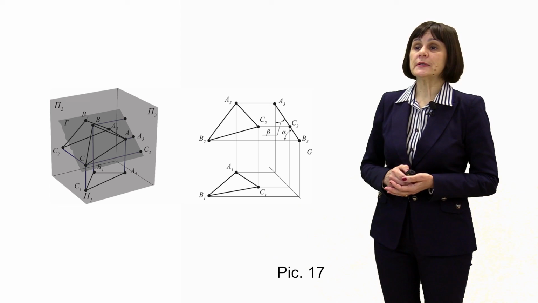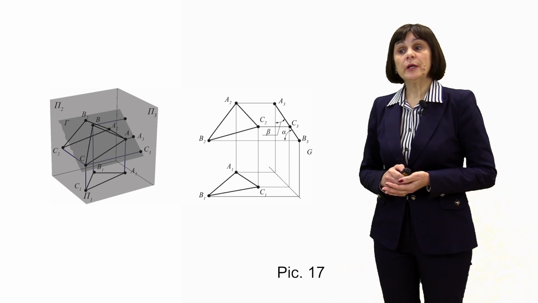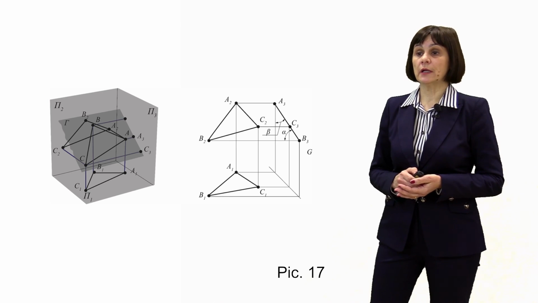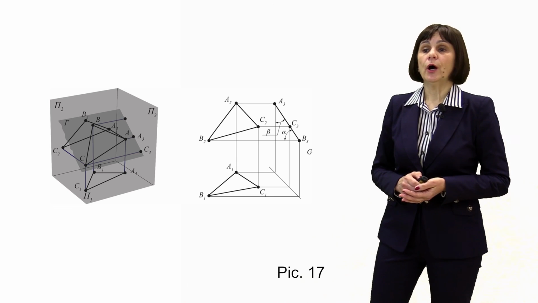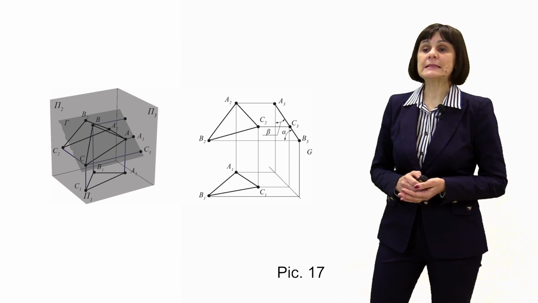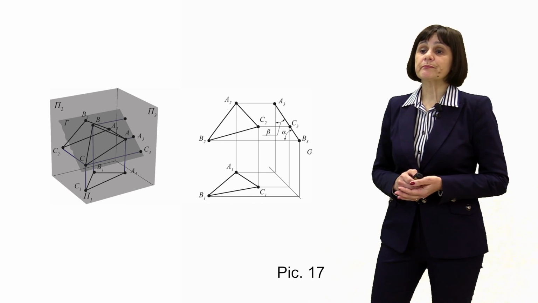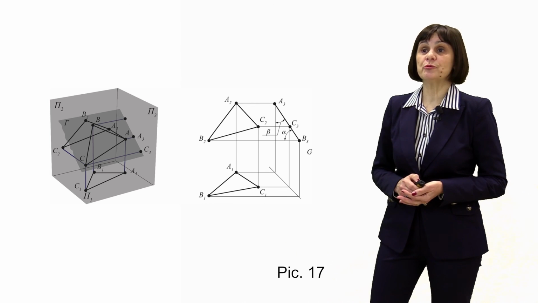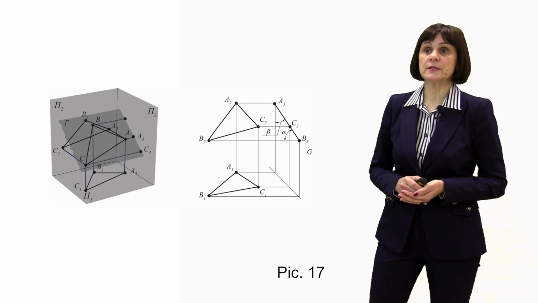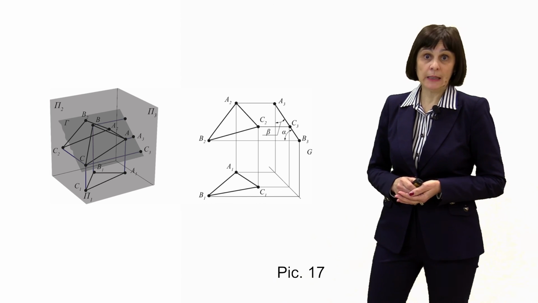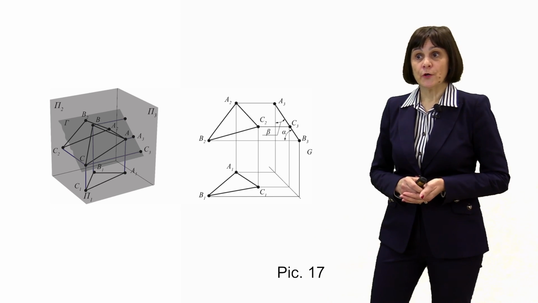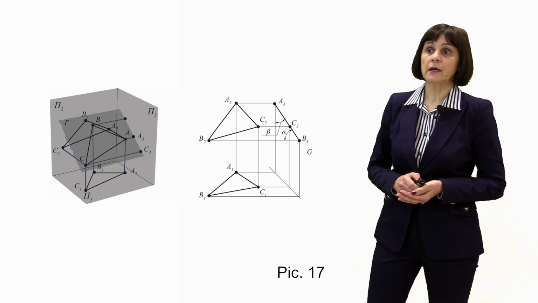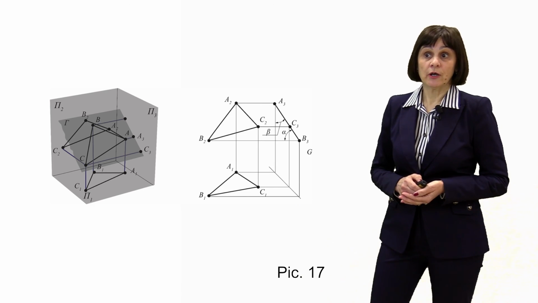These include tasks of the belonging of geometric elements, for example, taking a point on a line or on a surface, drawing a surface through these lines, and tasks on the intersection of various geometric objects, determining the points of intersection of a straight line with a plane surface, tasks of the intersection of planes, and determining the line of intersection of surfaces.